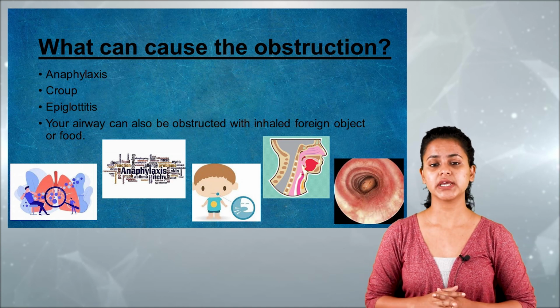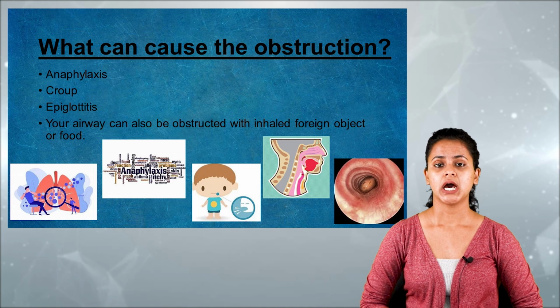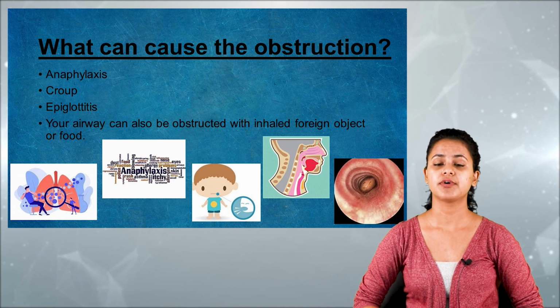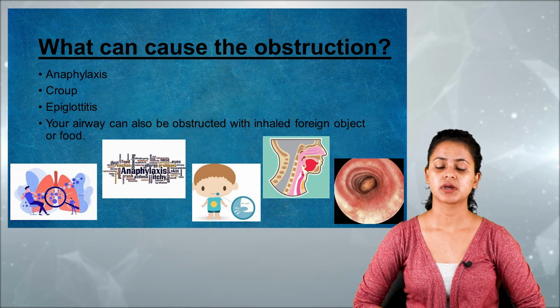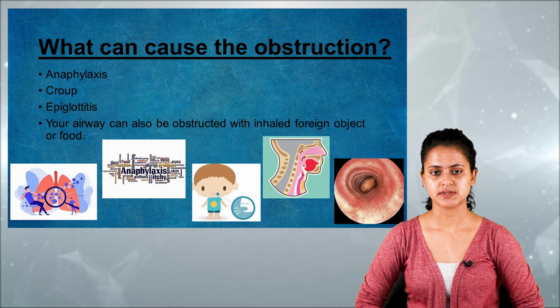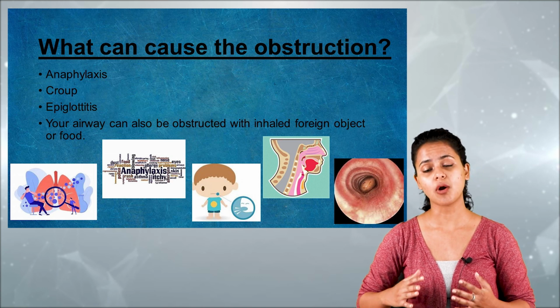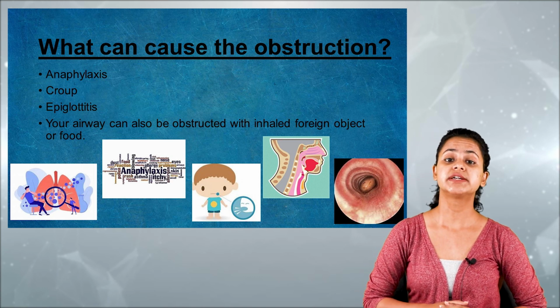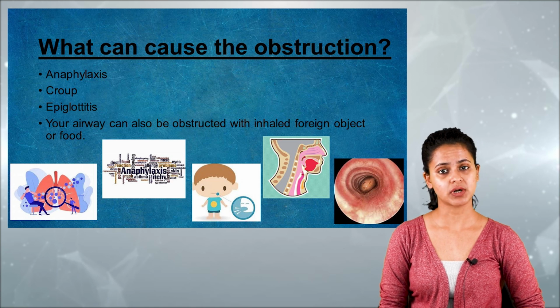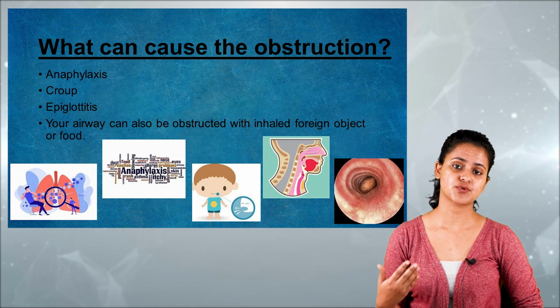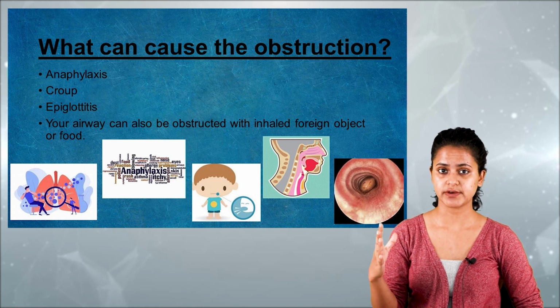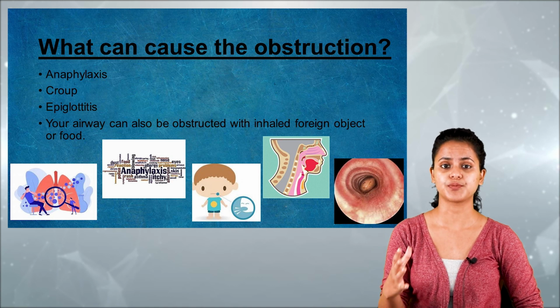These three points include the presence of anaphylaxis, croup syndrome, and epiglottitis. These three are considered the commonest types of disease or disorder often related to the development of airway obstruction.